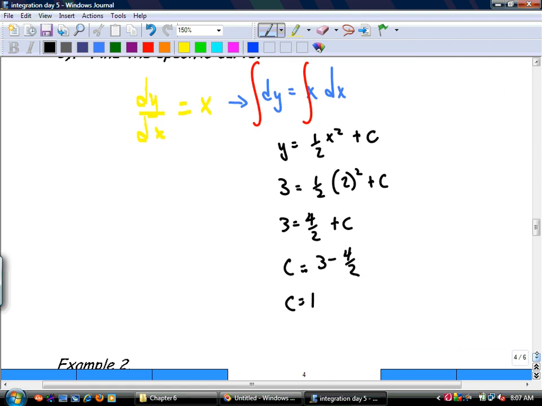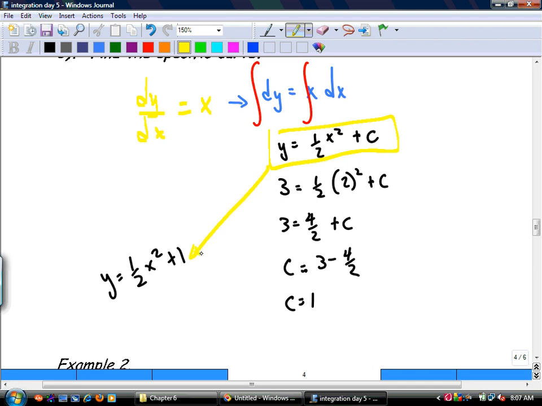So the curve is, so we've gone from a whole family of curves, which is what this is, down to a specific one.